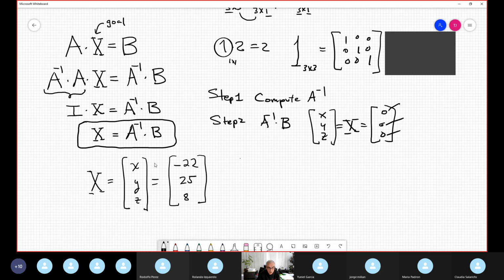Therefore, I conclude that X is -22, Y is +25, and Z is 8. End of the story. This is my final answer. Do you understand very well or no?